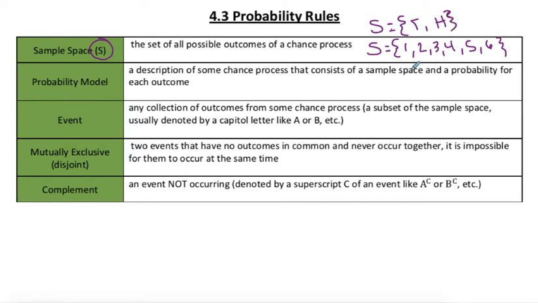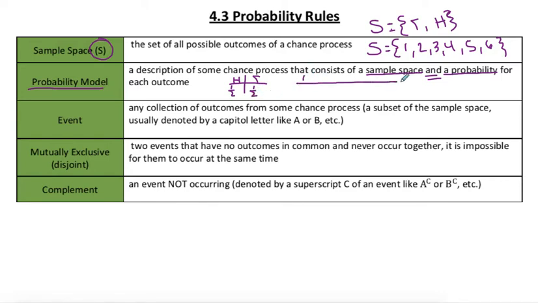A probability model is a description of some chance process that consists of a sample space, so these outcomes, and a probability for each outcome. So if I wanted a model, I could have heads and tails, and then the probability associated with each one as 1/2 and 1/2.